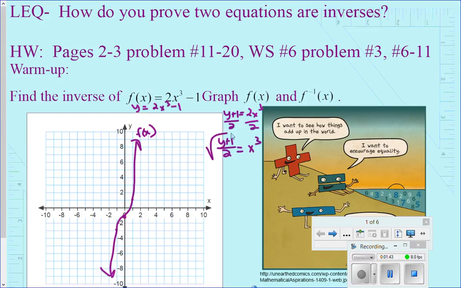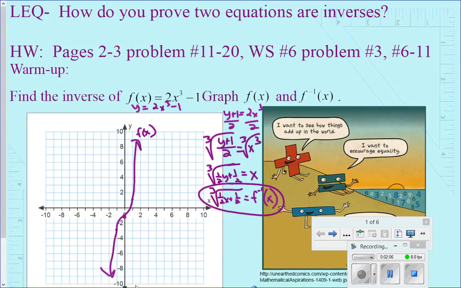I'm going to take the cube root of both sides and simplify that. So the cube root of 1/2 y plus 1/2 is equal to x. So the cube root of 1/2 x plus 1/2 is equal to f inverse of x. And that's my answer for the inverse.